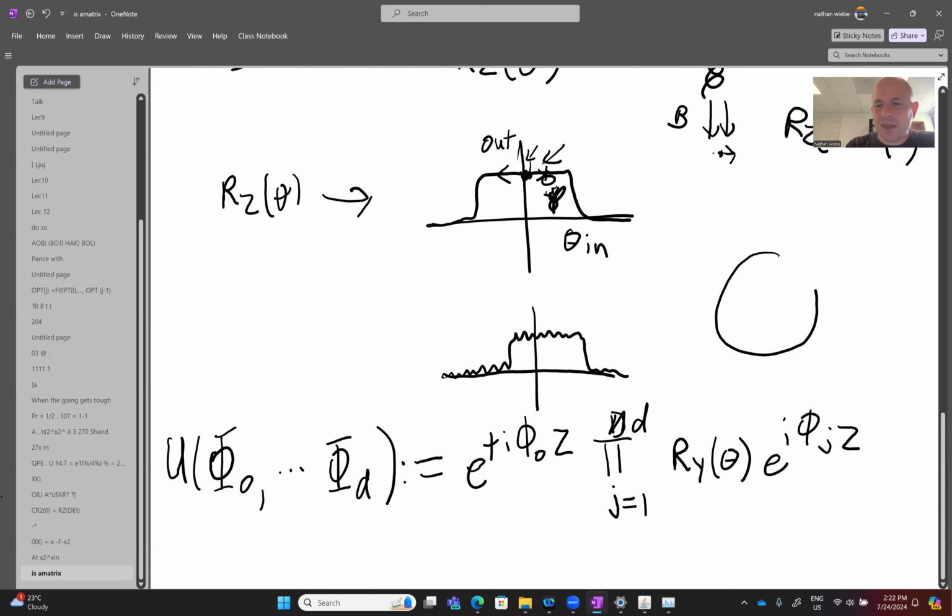We've got a Z rotation that we're carrying out in the Bloch sphere, followed by rotations about the Y axis, which I think is this one, but I'm not positive.